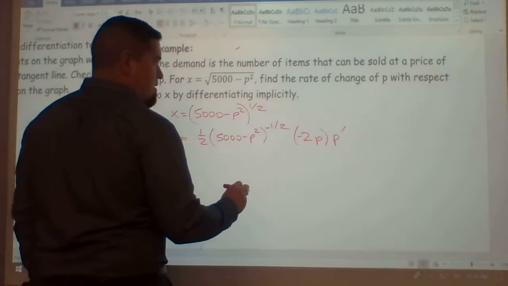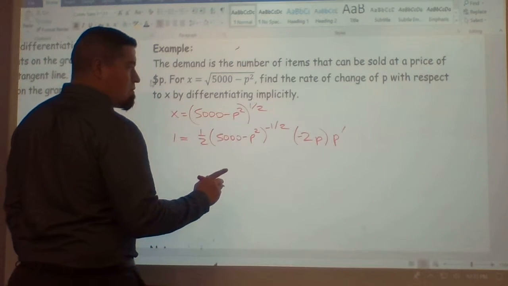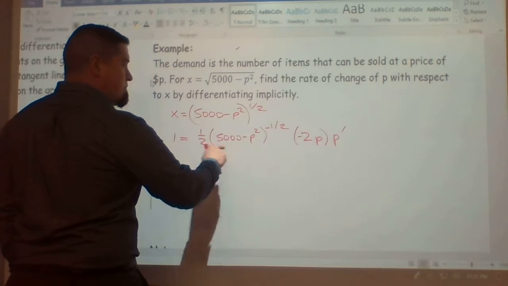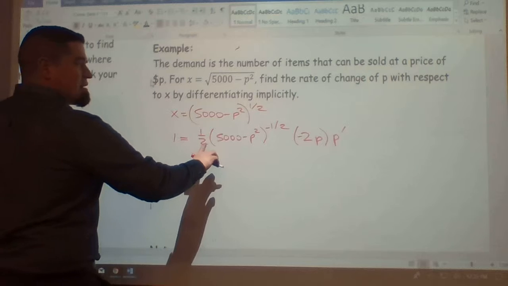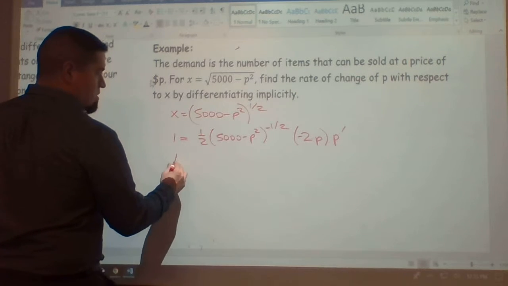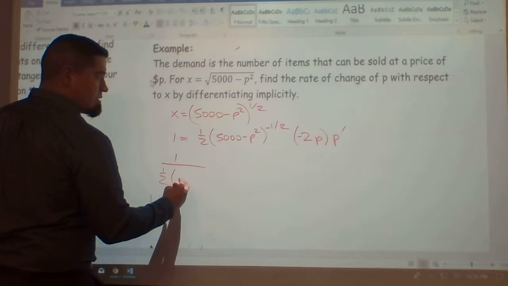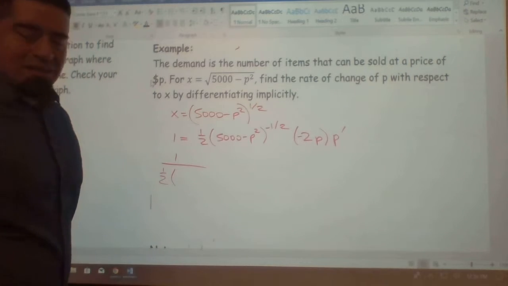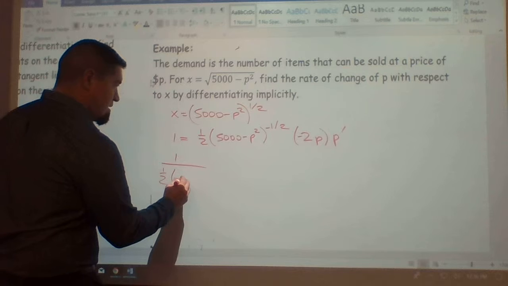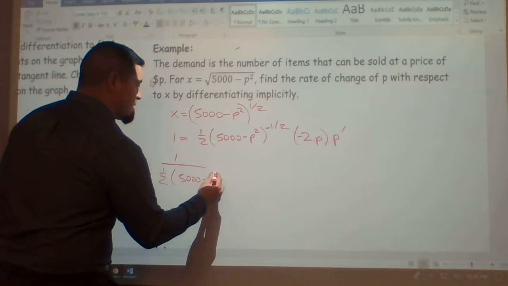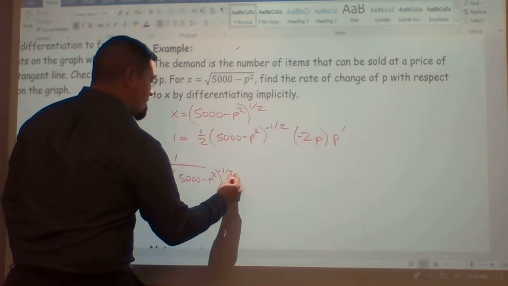Okay, so if I want to solve for p prime, I would divide both sides by this, which is 1 over 1/2 times 5,000 minus p squared to the negative 1/2.